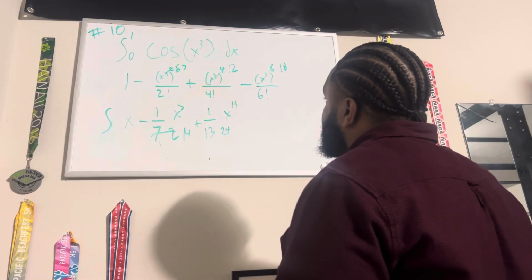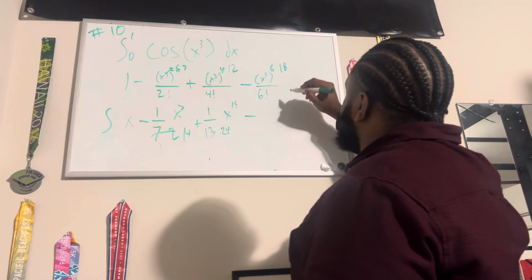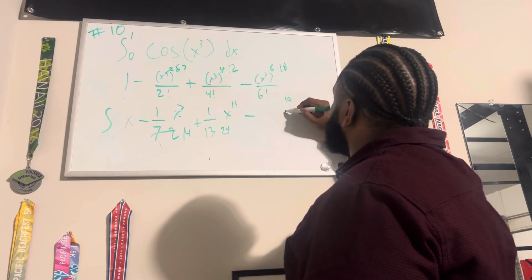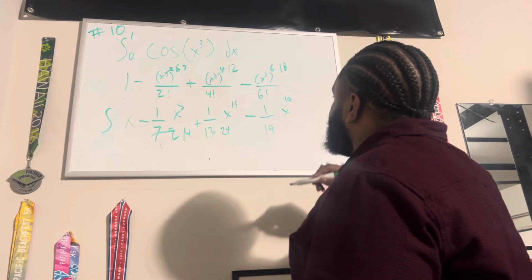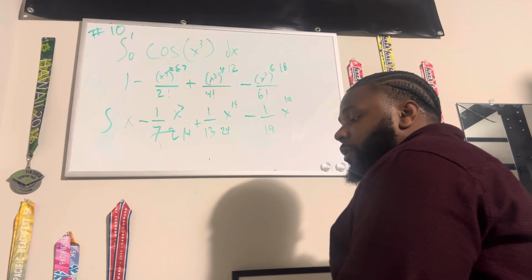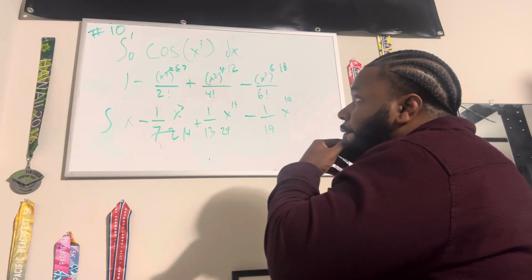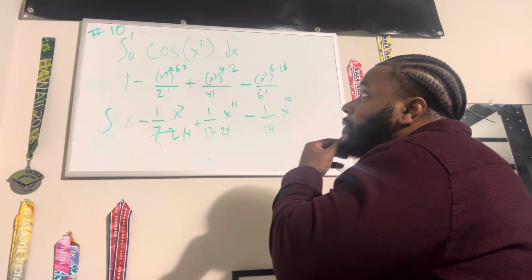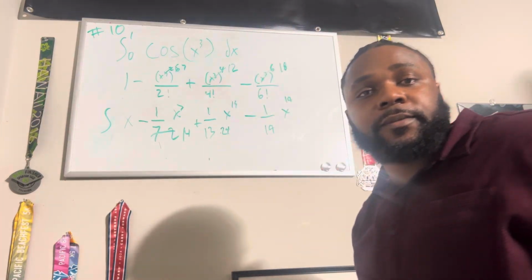Oof. And then minus, this is going to be real nasty. Okay, 18, so that's 19. x to the 19 over 19 times, what's 6 factorial? That's 24 times 5. Let me do the math, one second.